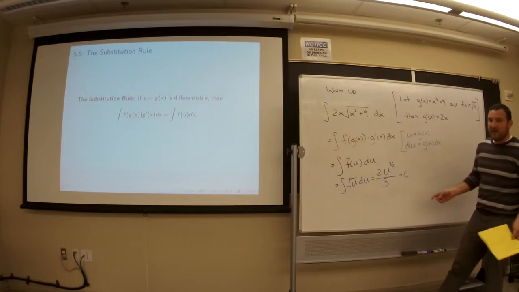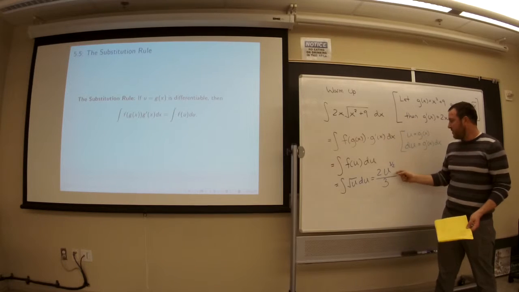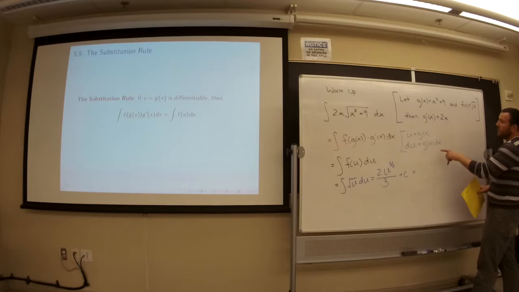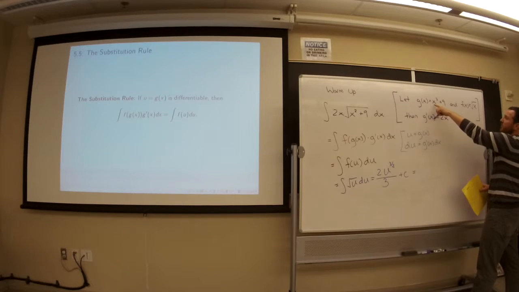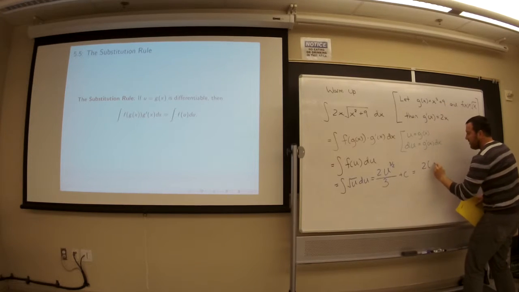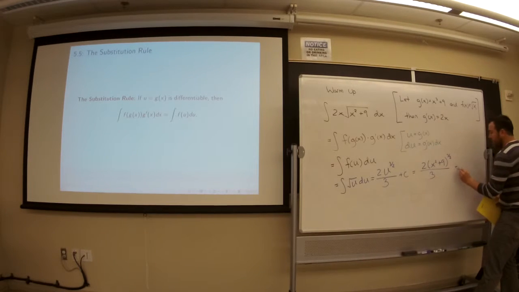But then originally we were given a function in terms of x to integrate, so we should write our antiderivative in terms of x also. So just plug back in for what we called u. Here we've got to kind of go through two substitutions but it's just x squared plus 9. So that'll be 2 times x squared plus 9 to the 3 halves divided by 3 plus c.